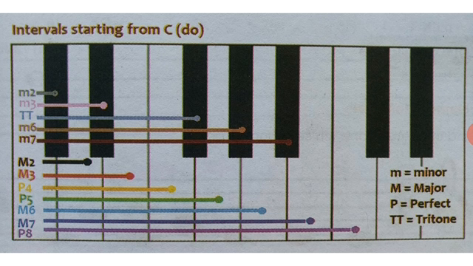Next is perfect 4 has 2.5 step or P4. Perfect 5 has 3.5 step. So just count.